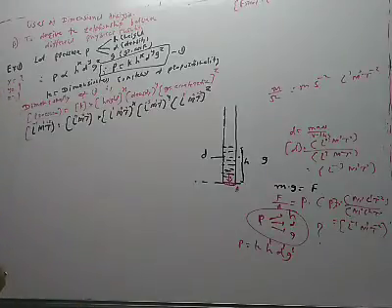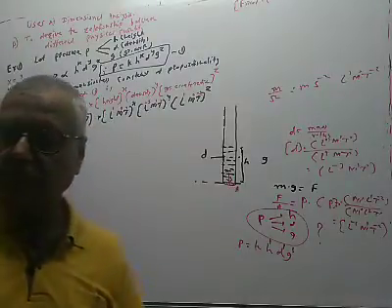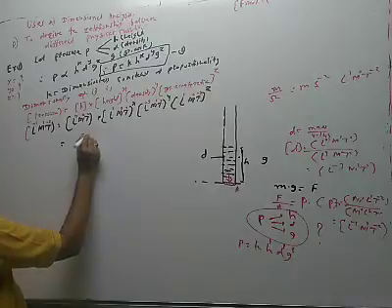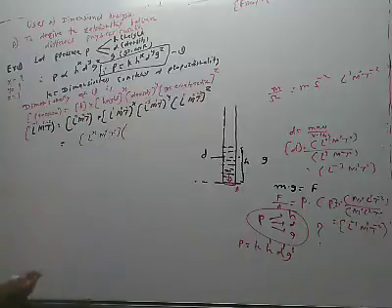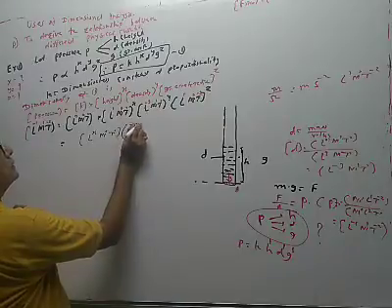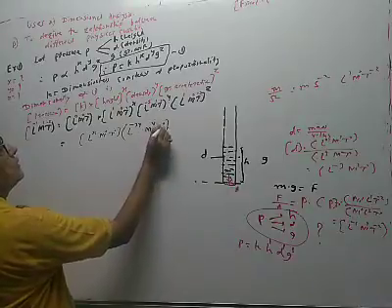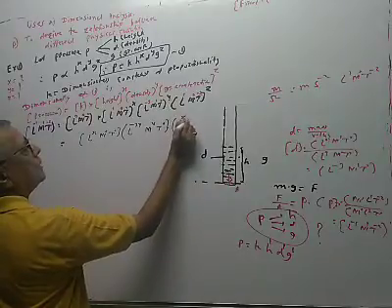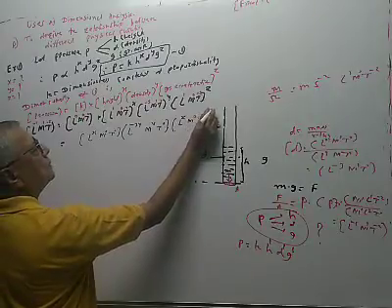Now simplify the right hand side. These are 0, 0, 0, they are not counted. In the first bracket, L raised to 1 multiplied by x, so L raised to x, M raised to 0, T raised to 0. Second term, L raised to minus 3 multiplied by y, L raised to minus 3y, M raised to 1 multiplied by y, and T raised to 0 multiplied by y. Now L raised to 1 raised to z, so L raised to z, M raised to 0 multiplied by z, and T raised to minus 2 multiplied by z, minus 2z.